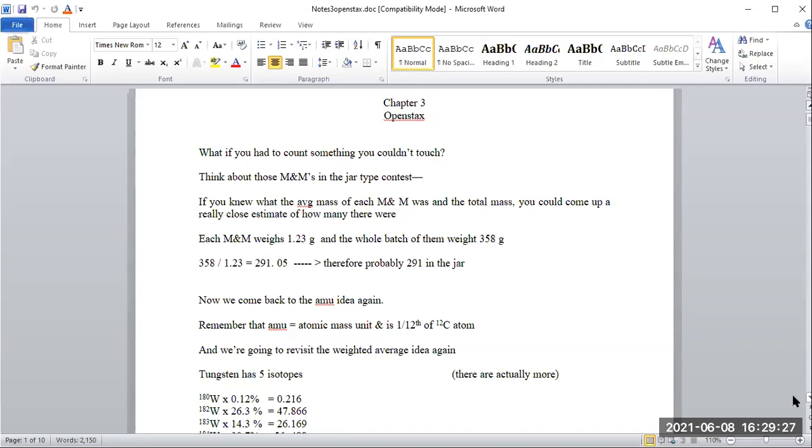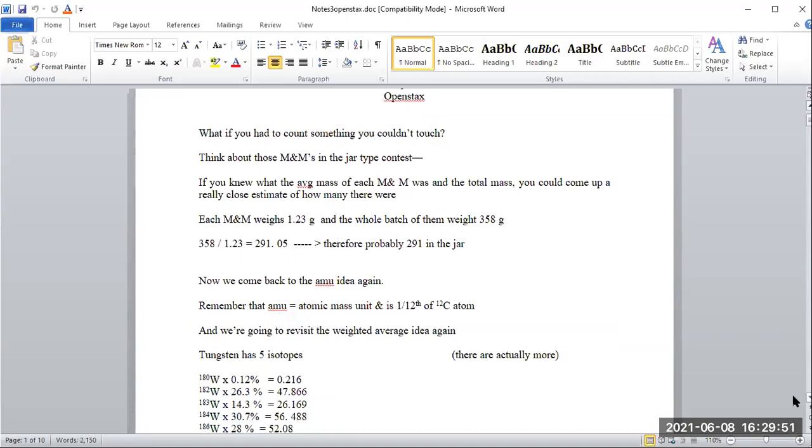We take the 358 and divide by the average one, and I get something that's not quite a whole number, but I can round it and say there are probably 291 in the jar. I'm using the data to reach this conclusion.